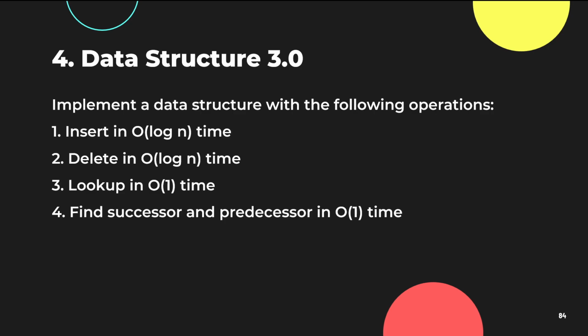Successor, predecessor, then what? We put the memory address of the node, or in short, just a pointer to the node, referencing the node. So the key is the value, and the value is a pointer to the node.